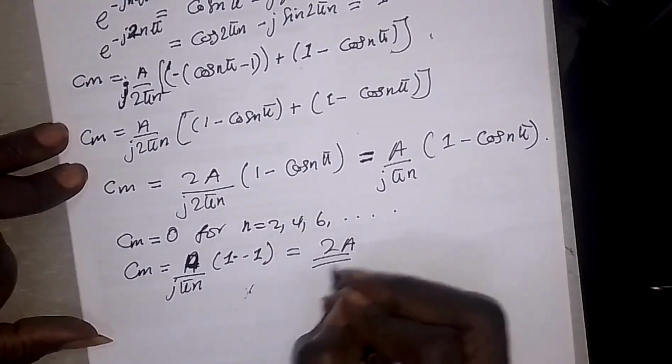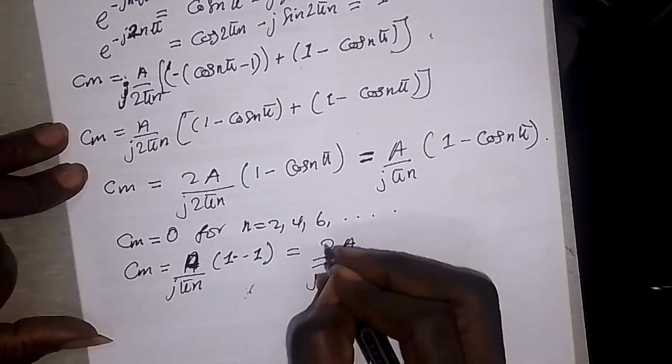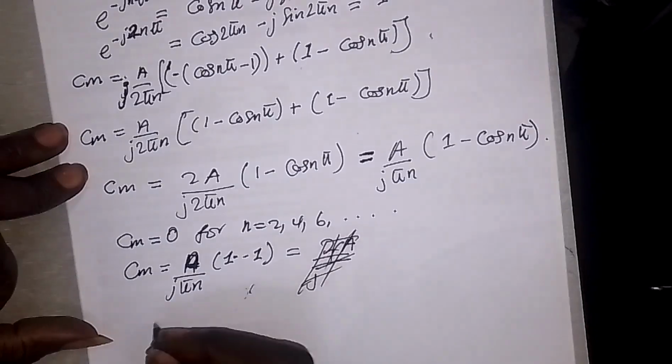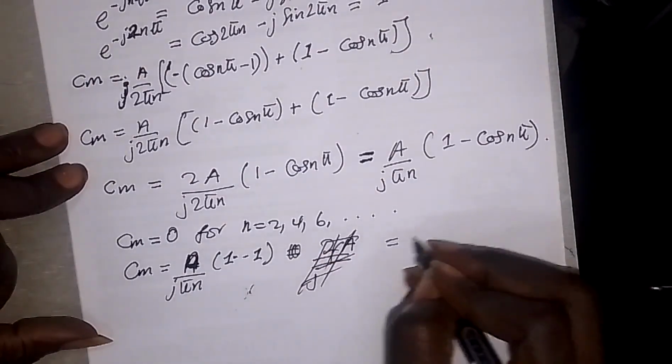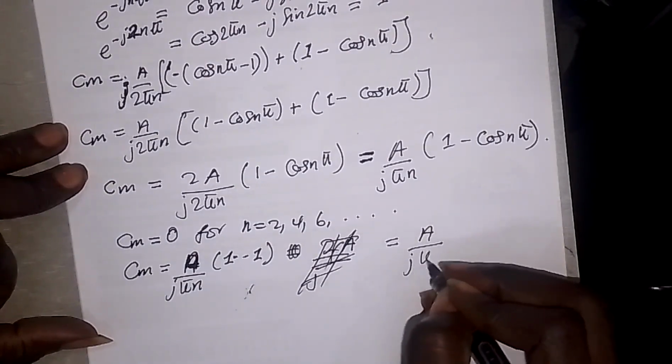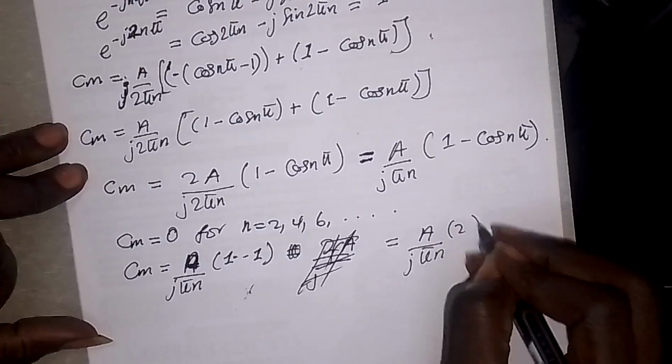Sorry, let me write it again. Which is equal to a on j pi n into 2.